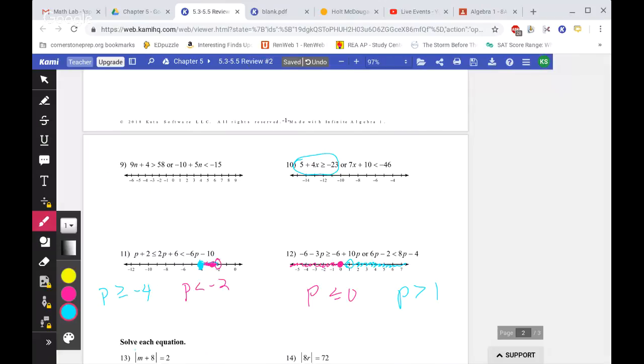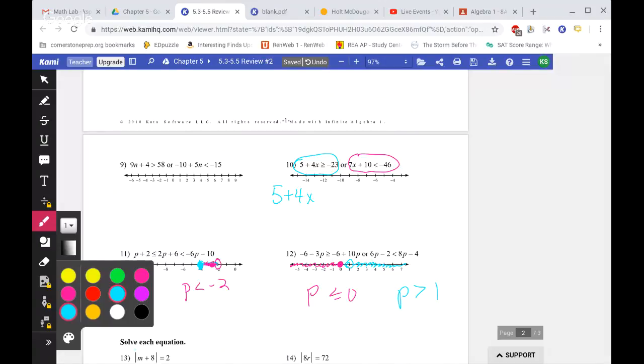Number 10 is this problem. 5 plus 4x is greater than or equal to negative 23, or 7x plus 10 is less than 46. So we'll do the first one first. Keep my variable on the left-hand side.